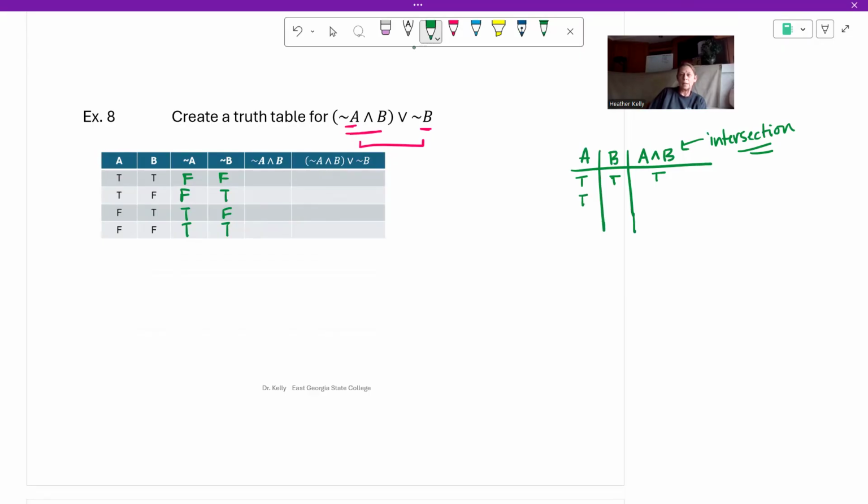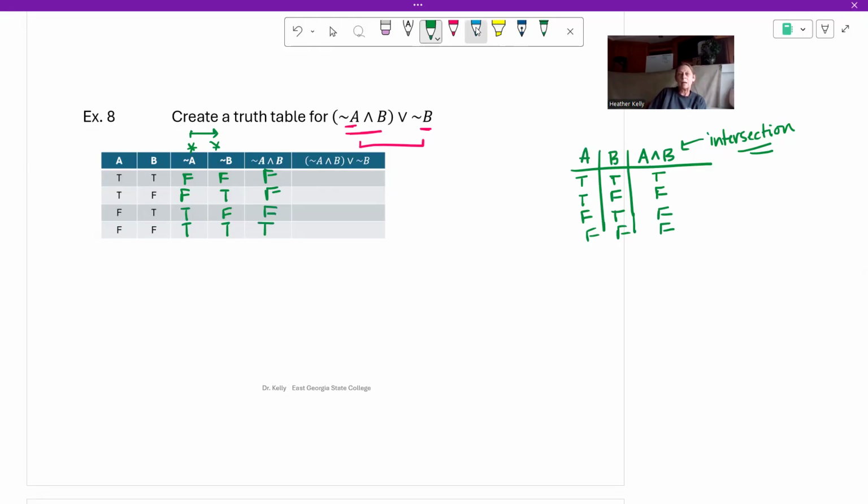If it's true in A, false in B, it is false in the intersection. If it's false in A and true in B, it is false in the intersection. And if it is false in A and false in B, it is false in the intersection. So we have A and B going that direction. False, false is false. False, true is false. True, false is false. True, true is true.